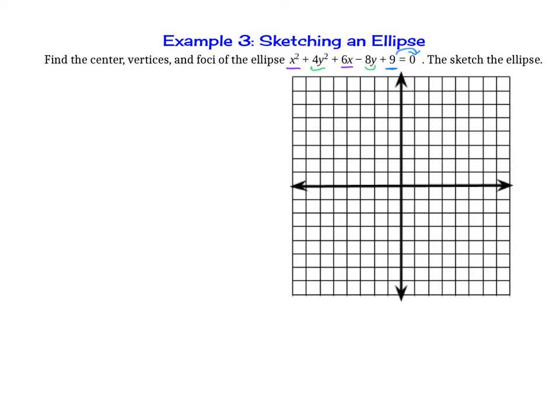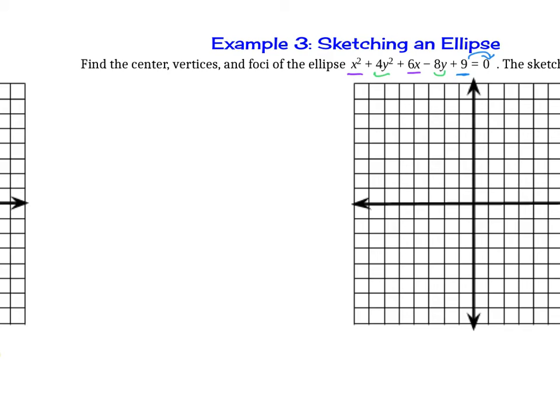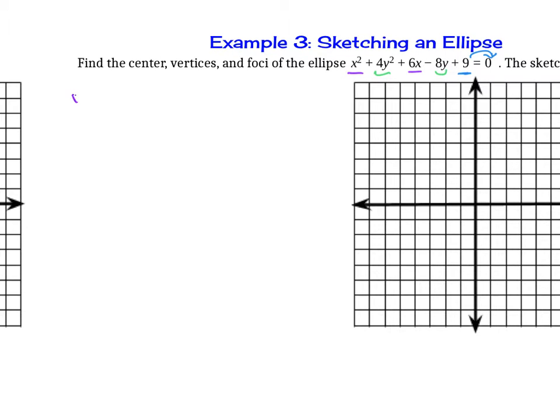And so we are going to be completing the square. If I group them together, this is going to be x squared plus 6x plus some perfect number, and then plus 4y squared minus 8y plus blank, equals, and I'm going to move the 9, so subtract 9 from both sides, equals negative 9.